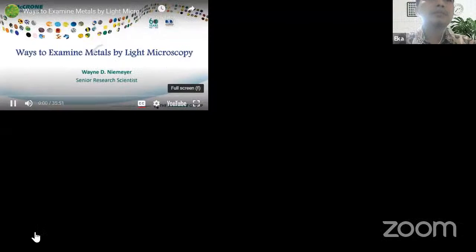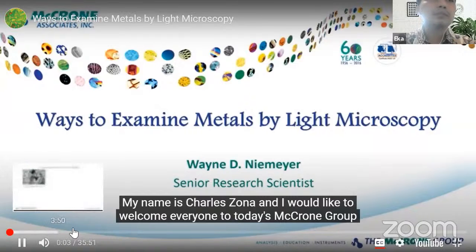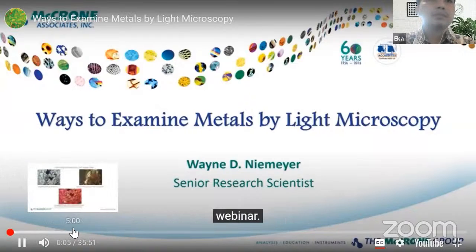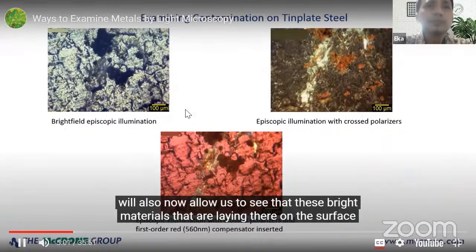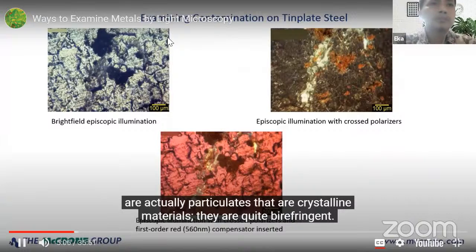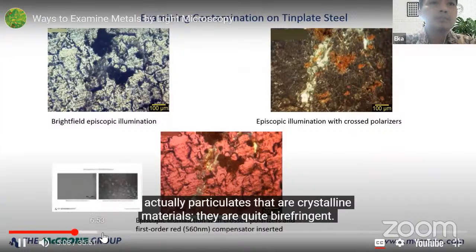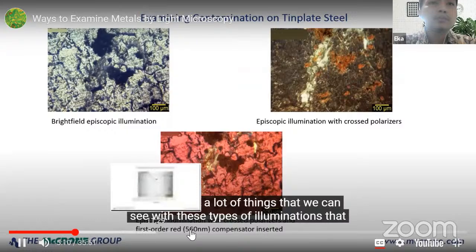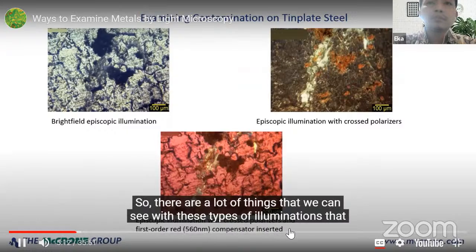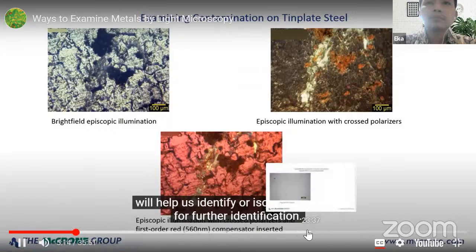My name is Charles Zona, and I would like to welcome everyone to today's Macron Group webinar. That these bright materials that are laying there on the surface are actually particulates that are crystalline materials, and they're quite birefringent. So there's a lot of things that we can see with these types of illuminations that'll help us.